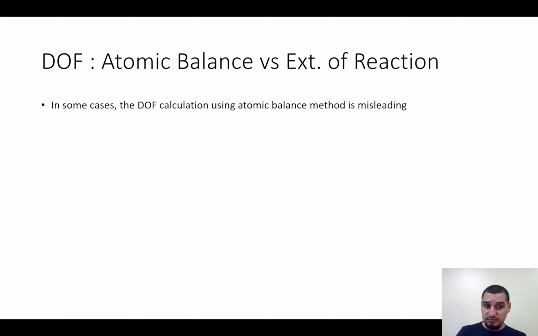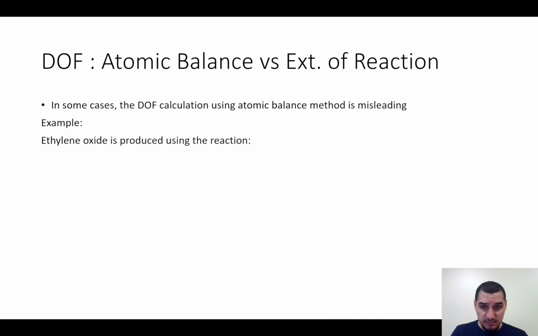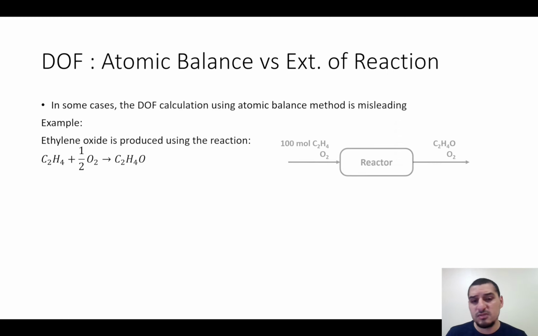Just to clarify this, let's take this example of ethylene oxide production by the oxidation of ethylene. So ethylene reacts with oxygen to produce ethylene oxide, and I will take a very simple case where we have 100 moles of ethylene and oxygen fed to the reactor, and we don't know how much oxygen is there, but what we know is that the ethylene is totally consumed, so we have no ethylene in the product stream, and we have in the product only ethylene oxide and oxygen.